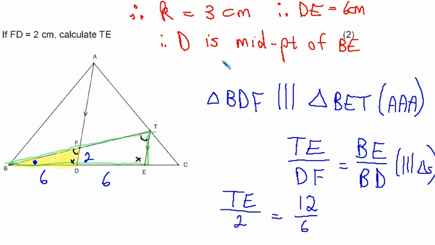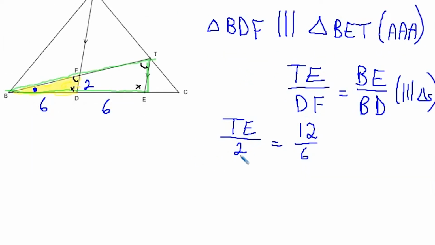A quick trick with ratios: if you've got two fractions that are equal, then the top of the one multiplied by the bottom of the other will be equal to the top of the other one multiplied by the bottom of the first one. So in other words, 12 times 2, 24. So finally, TE is actually 4 centimeters.